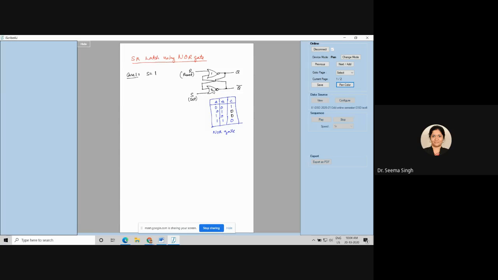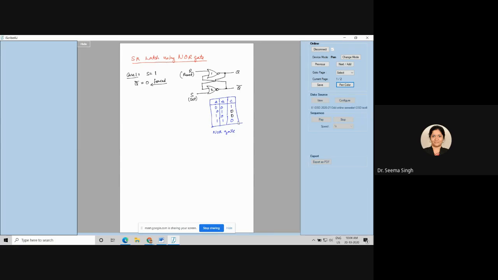It will force Q bar to be equal to 0, because second, third and fourth options in the NOR gate show that if any one of the input is 1, output is forced to be 0. So when S is equal to 1, Q bar is forced to be 0.